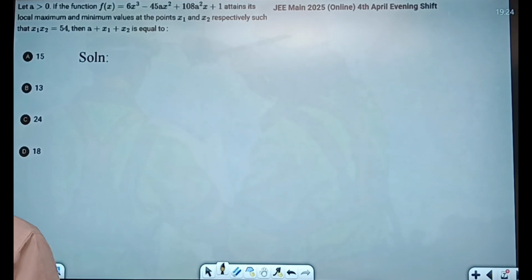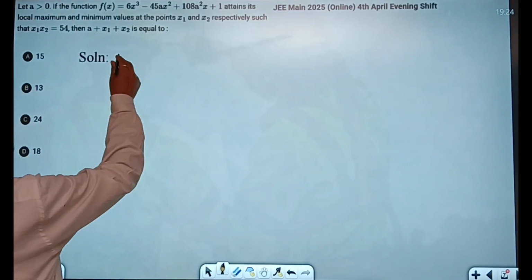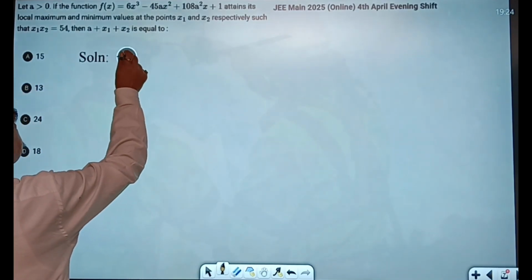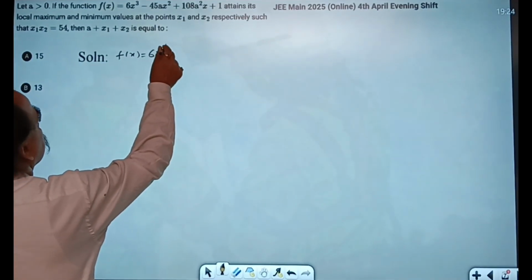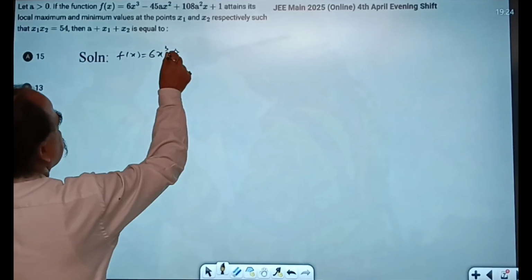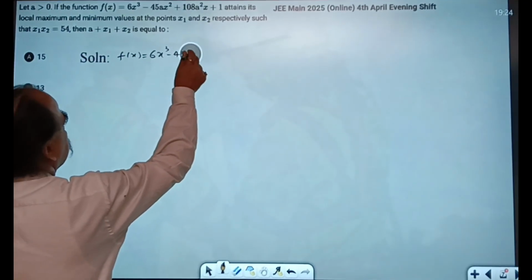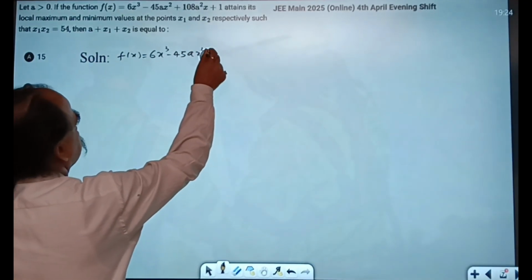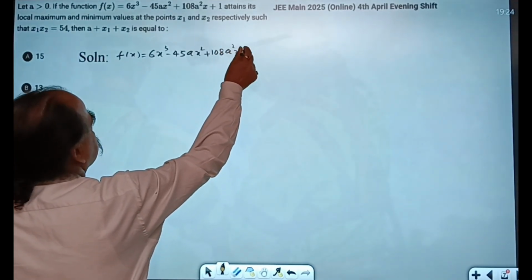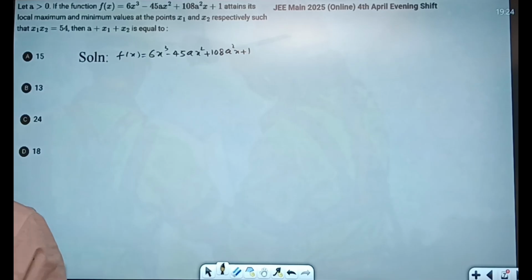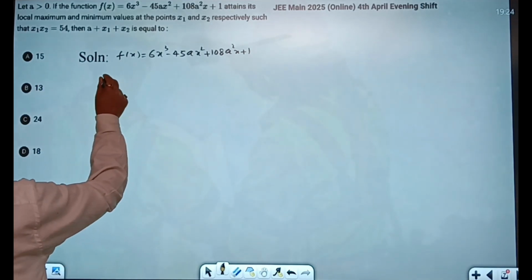Let a greater than 0. If the function f(x) is equal to 6x cubed minus 45ax squared plus 108a square x plus 1 attains its local maximum and minimum values at x1 and x2 respectively, such that x1 x2 is 54, then we need to find this.